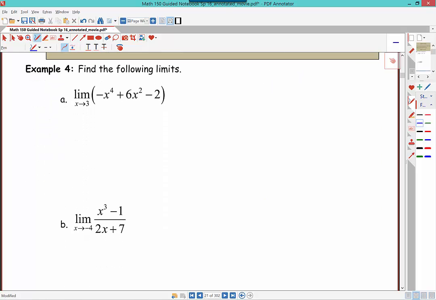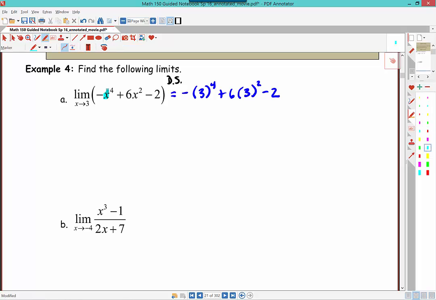A lot of times this is one of those things that has become so second nature. So using direct substitution, this is going to equal negative 3 to the 4th. I'm just putting in a 3 wherever I see an x, plus 6 times 3 squared minus 2. x is approaching 3, and that's where we plugged it in.